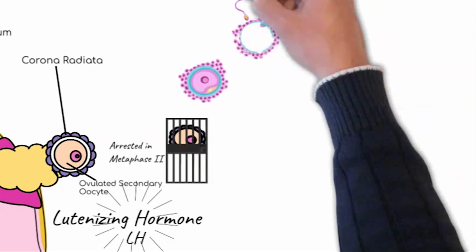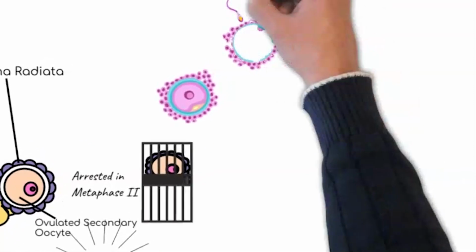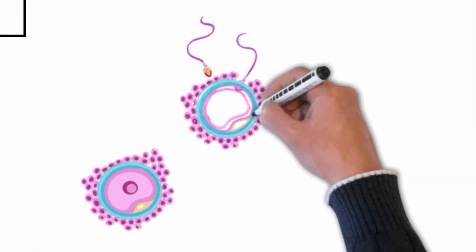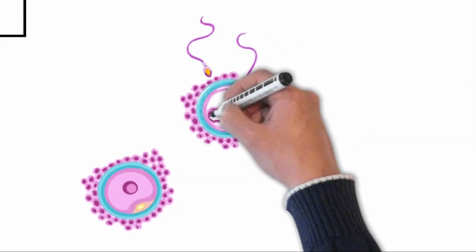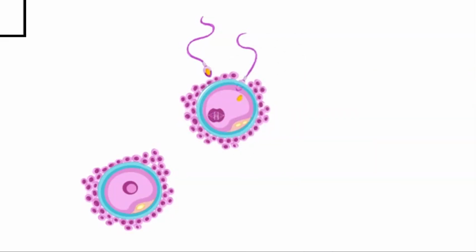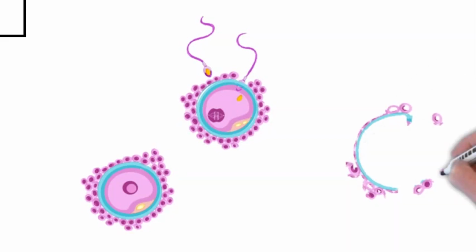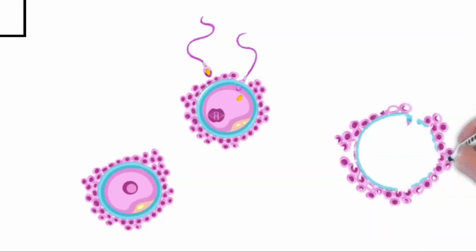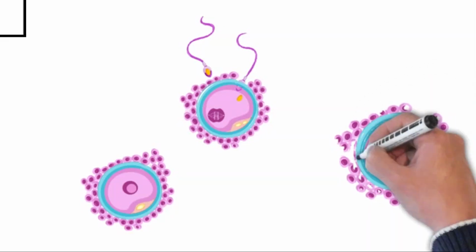If sperm does arrive, and as soon as the sperm touches the cell membrane of the secondary ovum, suddenly the secondary ovum is reactivated. It was arrested in metaphase 2. It wasn't going to divide further, second meiotic division, until and if sperm touches the membrane of the ovum.